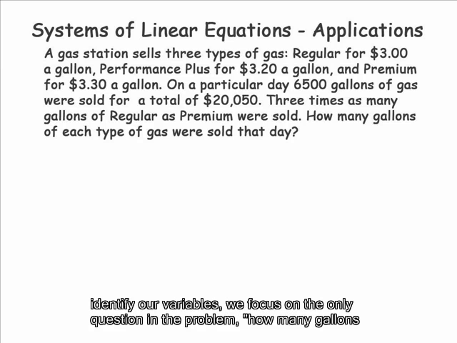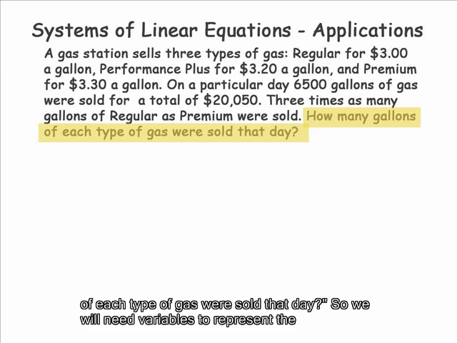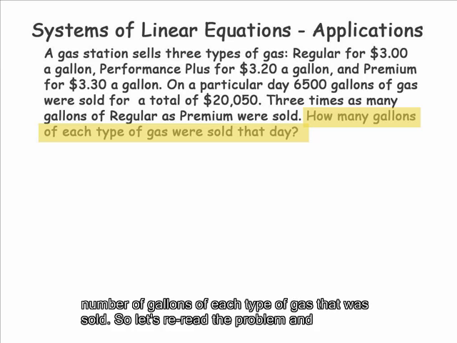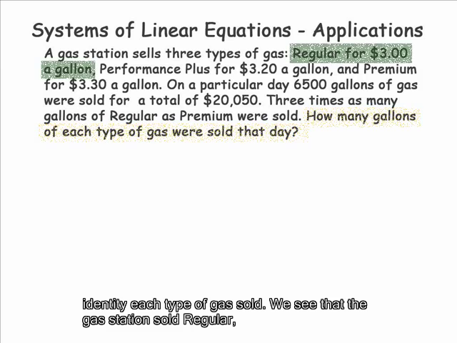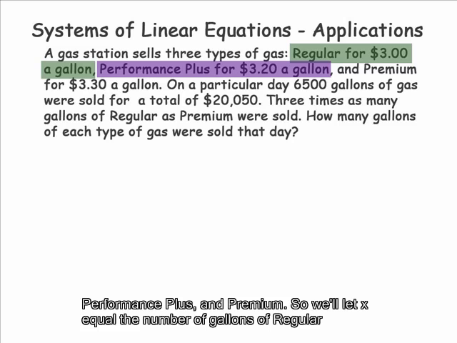To identify our variables, we focus on the only question in the problem: how many gallons of each type of gas were sold that day? So we will need variables to represent the number of gallons of each type of gas that was sold. So let's reread the problem and identify each type of gas sold. We see that the gas station sold regular, Performance Plus, and Premium.